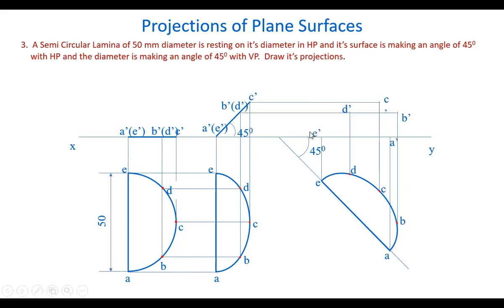Mark the intersection points. Join all the points by a smooth freehand curve except AE. AE is a diameter line, so AE is drawn by a straight line. All the other points are joined by a smooth freehand curve like this. So this is the projection appearing in the front view, and this is the projection in the top view.